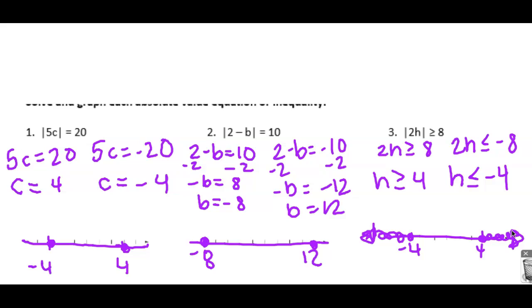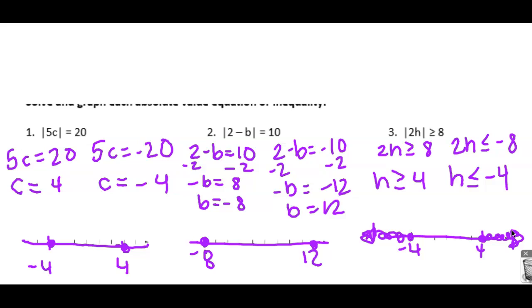The vertex of the absolute value graph was what? What was the ordered pair for the vertex? It was always h comma k, where the h was the opposite of what was in the problem, and the k was the same.